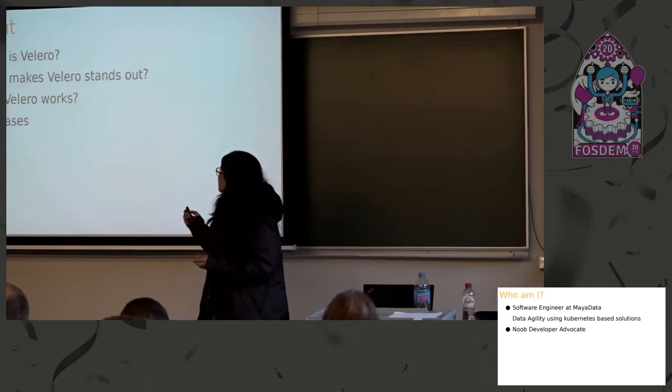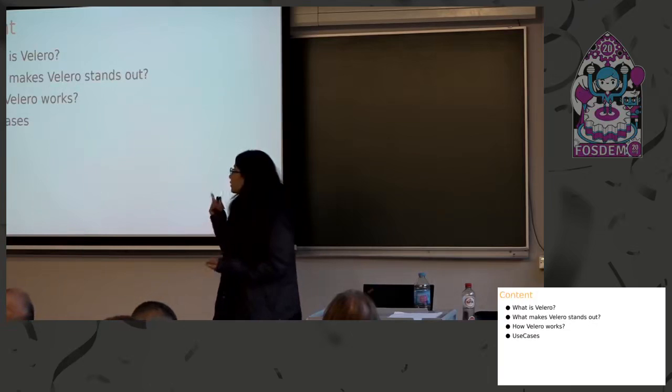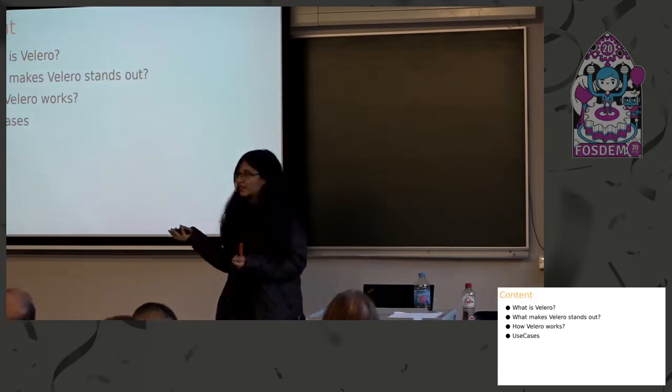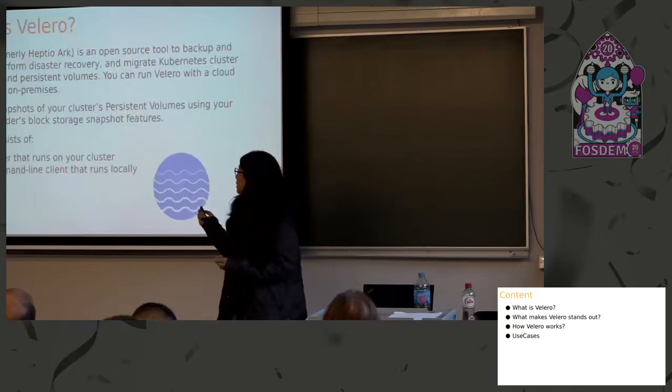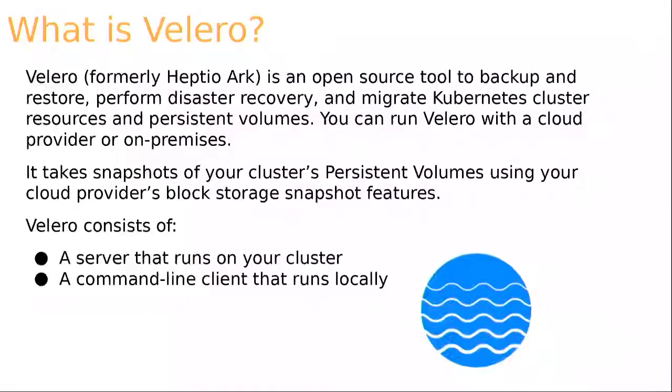So the things we'll cover today in our lightning talk are what is Velero, why is it different, how it works, and where you can use it. Velero is an open source backup tool to back up Kubernetes resources and persistent volumes. It can be used for cluster migration or disaster recovery.